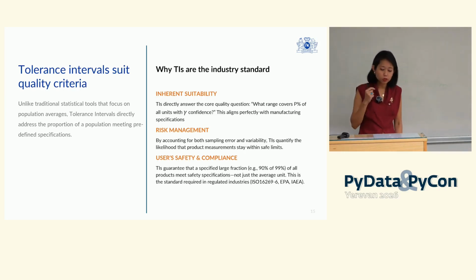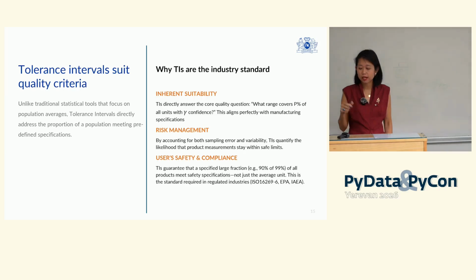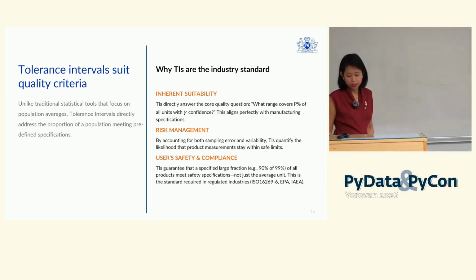So when you are accounting for the sampling errors and additional variability, your tolerance interval will be able to quantify the likelihood that your product measurements will stay within the limits in the proportion of the population. Normally we work with specified large fractions, around 90 or 99%, depending on what kind of quality, what kind of rigorousness you want.